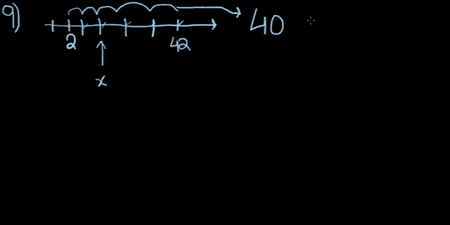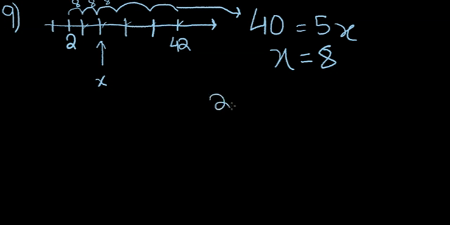So if 5 tick marks equals 40, then 1 tick mark is going to equal 8. So with each jump, we go 8 up. So the value of x, which is 2 tick marks up, will be 2 plus 8 plus another 8 because it's the second tick. So x will equal 18, which is choice D.